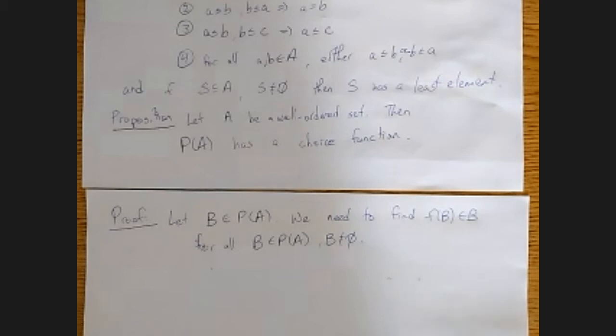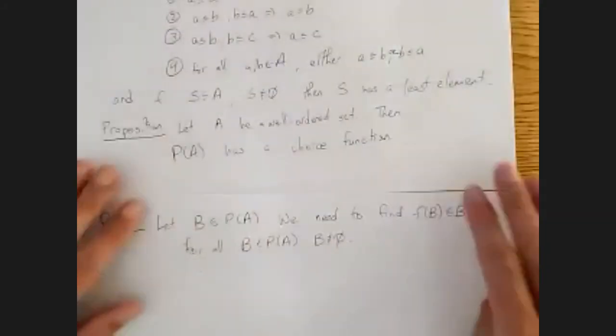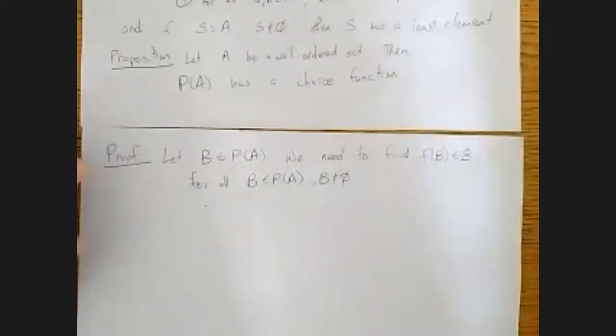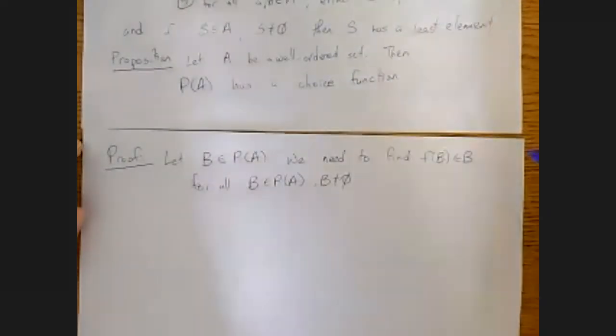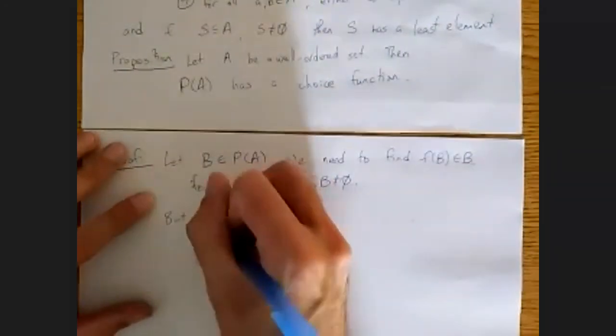For example, to define the factorial, you can't just say n factorial is n minus 1 factorial times n and put dots. You have to use the recursion theorem. So how should we construct this function? Well, we use the property that since A is well ordered, every subset B has a least element.